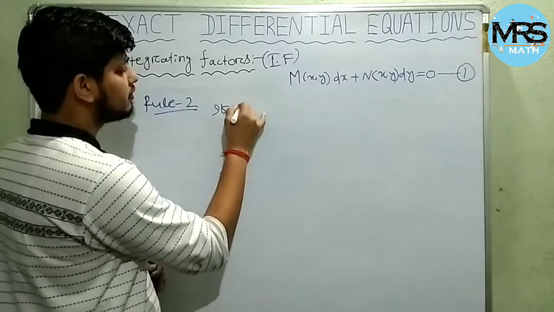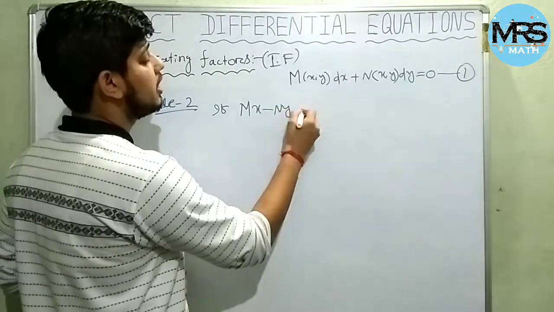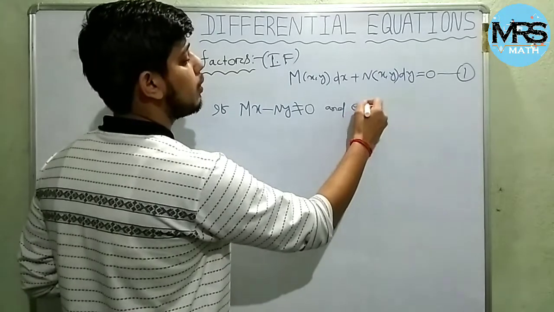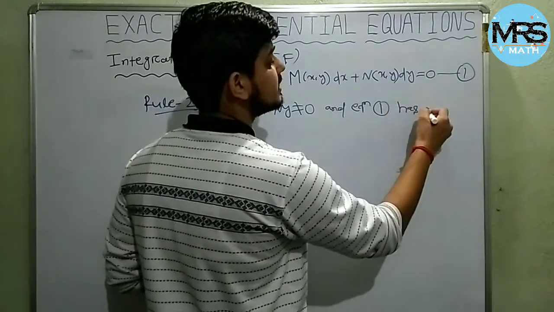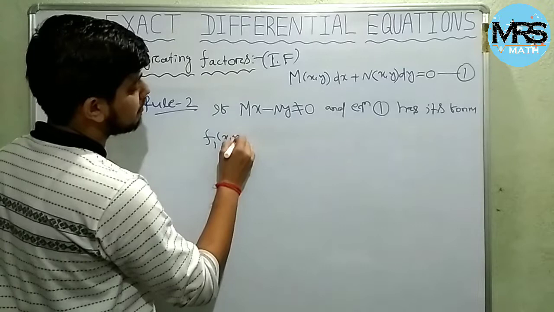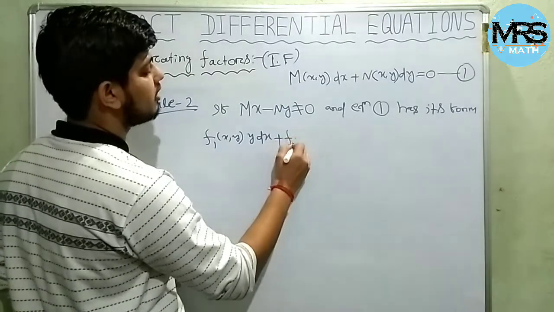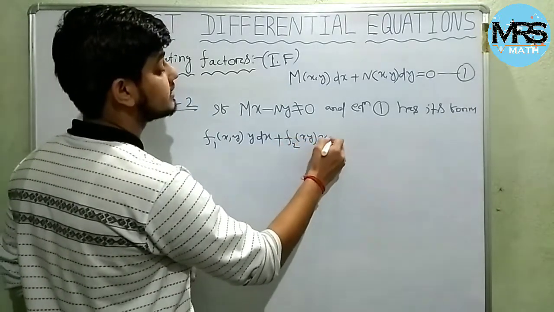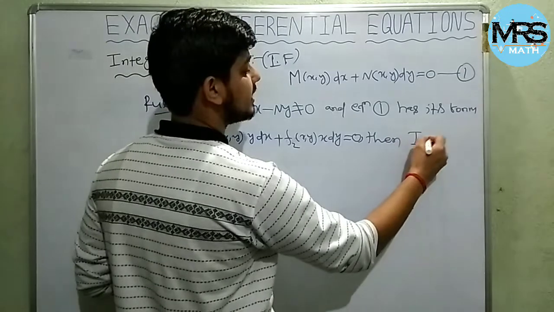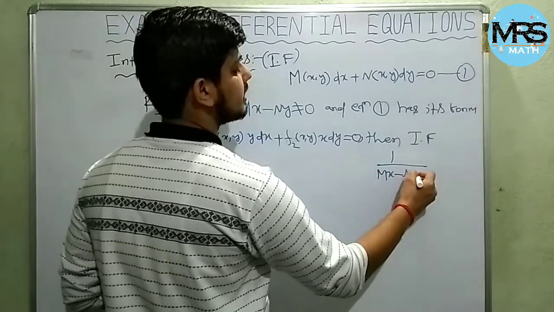If Mx minus Ny is not equal to 0, and the equation number 1 has its form like f1 of (x, y) into y dx plus f2 of (x, y) into x dy equal to 0, then the integrating factor will be 1 over Mx minus Ny.